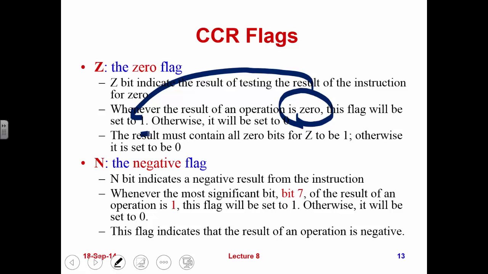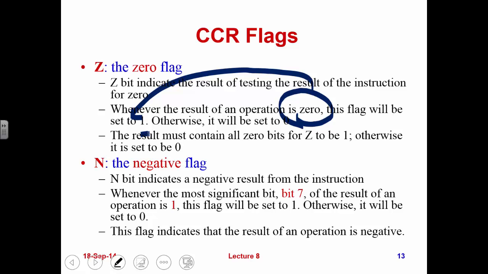When this flag bit is 0, that means the zero result did not happen. So only when all bits of the operation result are 0, that's going to make Z to 1, otherwise 0.